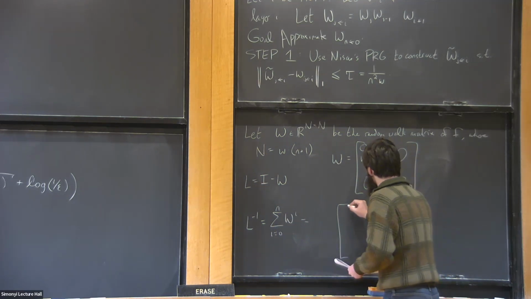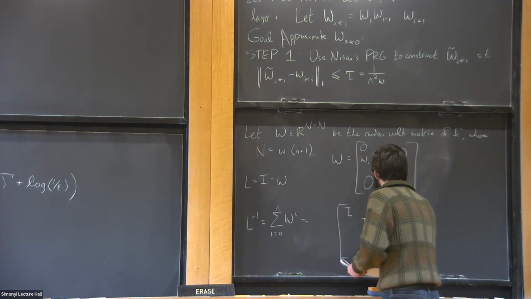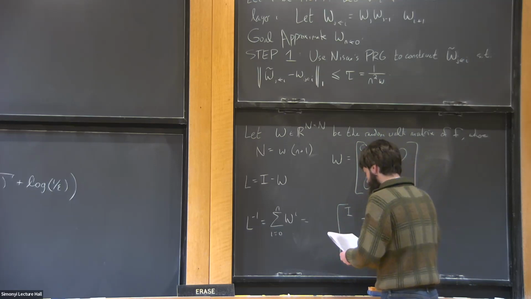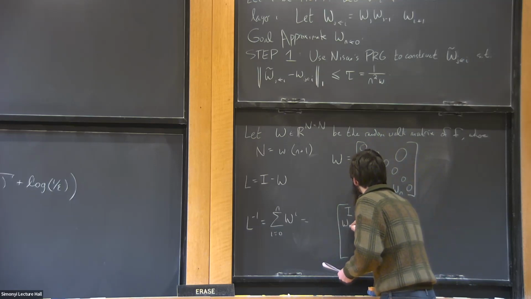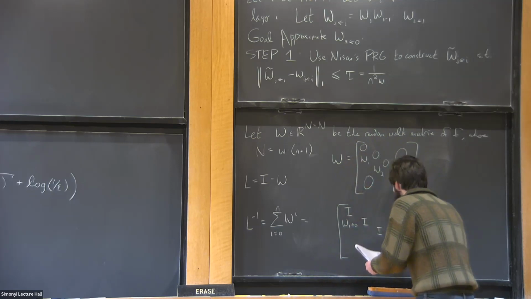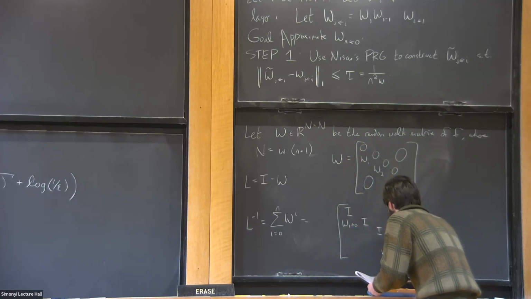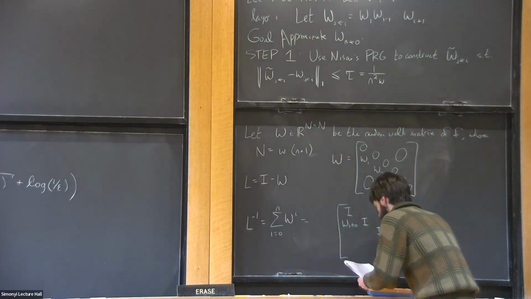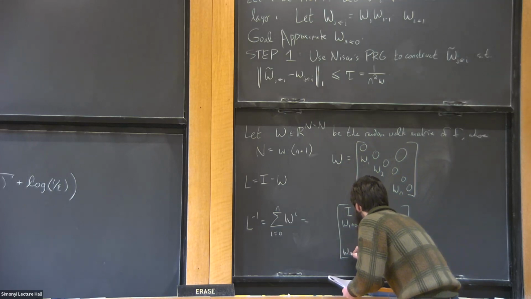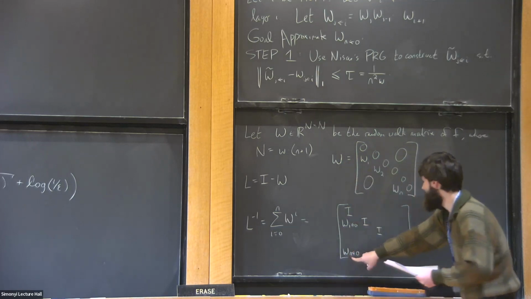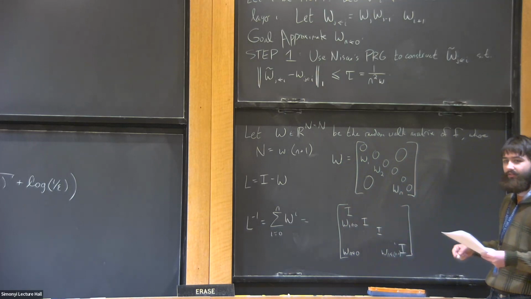Okay, as the identity is on the diagonal. And then the matrix that we're really interested in is in the lower left corner. It's this block matrix.